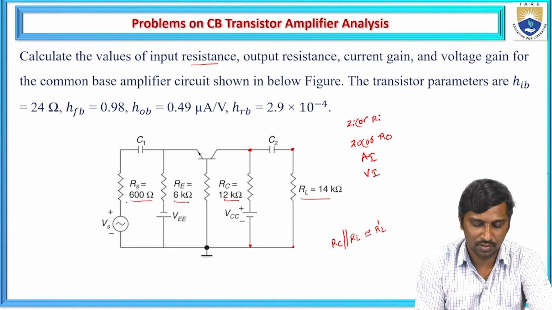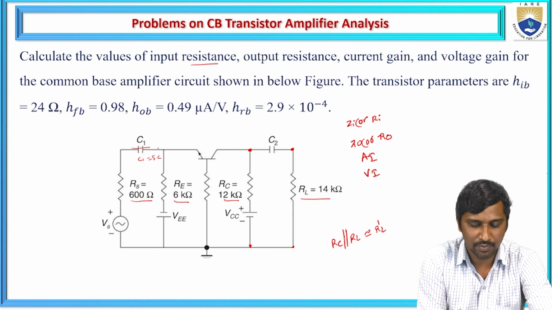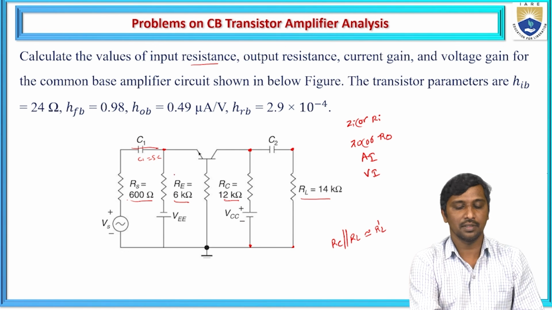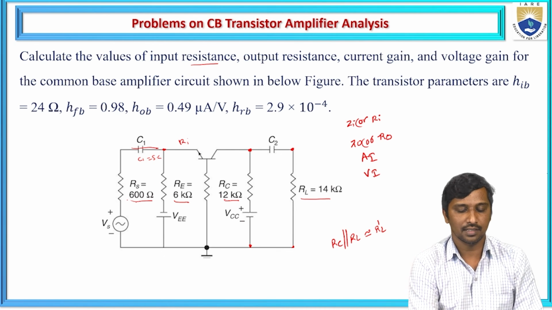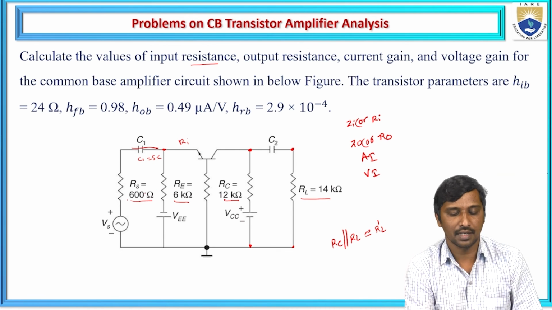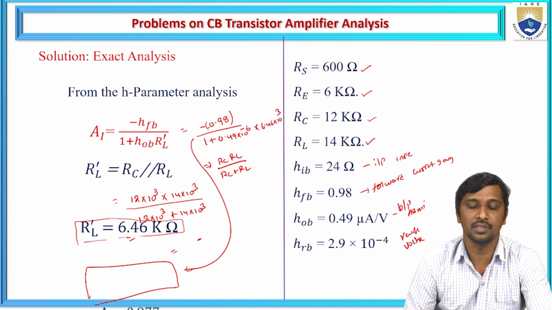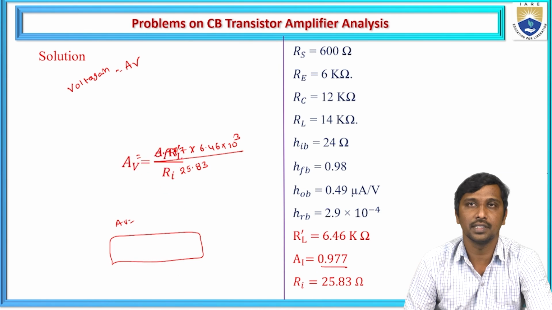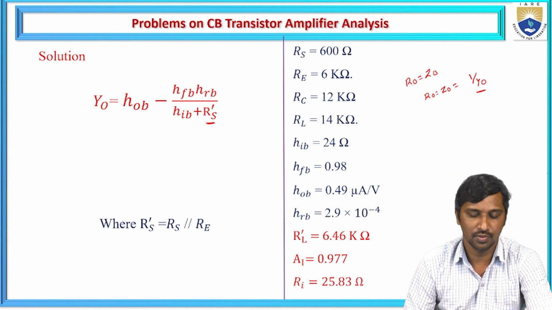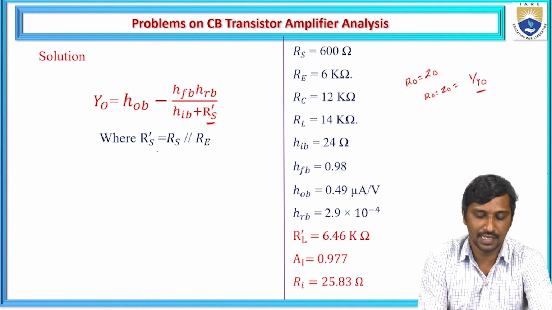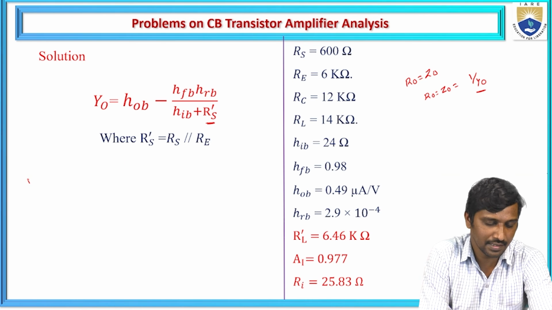Why? Because if you observe the circuit for the given specifications, when the signal is passing, C1 is a short circuit. So this RS is in parallel combination with the input side, the emitter side. We have two resistances, so RS and RE are in parallel combination. That is the reason I use the parallel combination of these two resistances for calculating R dash S. So R dash S is RS into RE by RS plus RE.